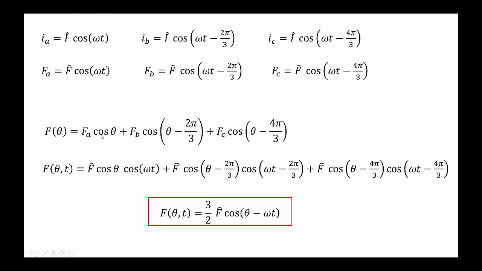When you add and simplify and use all the relevant equations, you end up with a resultant field that is equal to 1.5 times the peak of any of the individual phase or winding fields, and it's rotating at a speed omega. That's actually electrical radians per second.